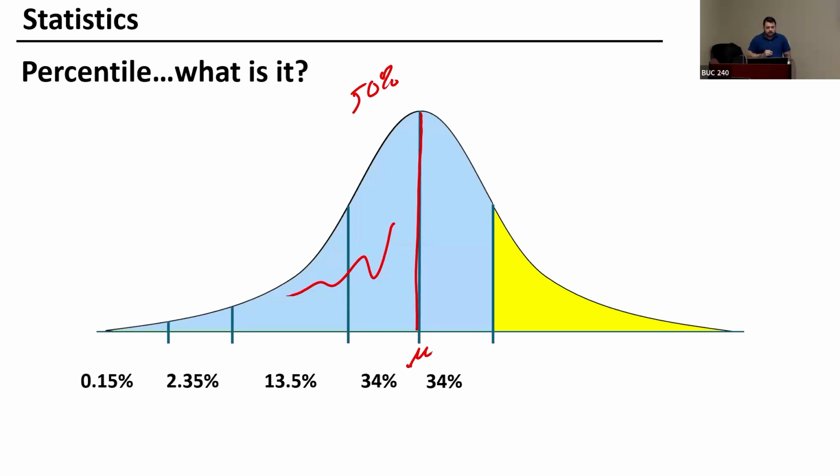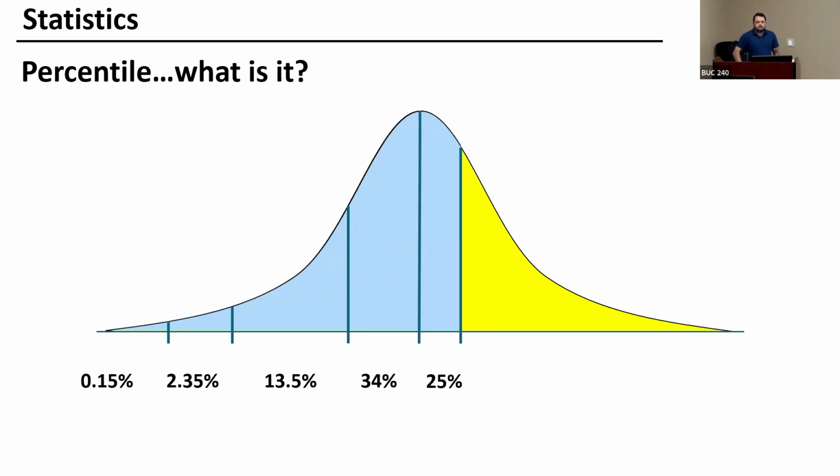How about the other point? Now we take 50 and we add how much? 84. Very good. So that's 84%. Everybody's doing good. Simple math, right? Well, if that's easy, how much is that? 75 now.